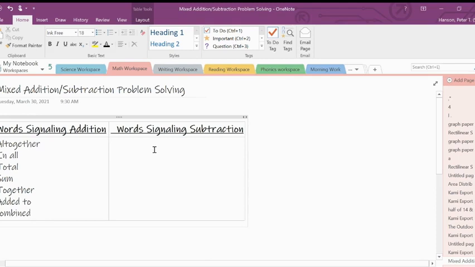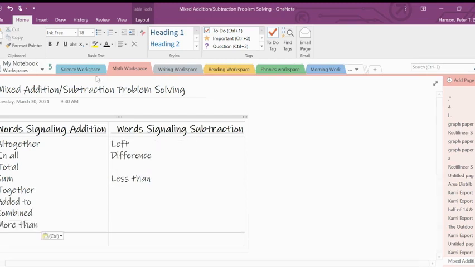Here with subtraction, I might say left or difference, how much more than, right? Or less than, right? Those can often be signaling subtraction.